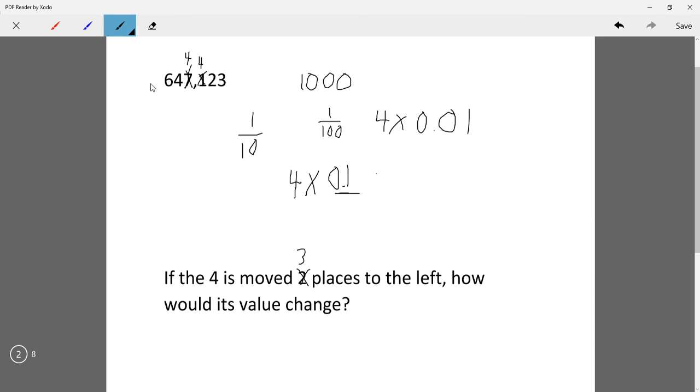If you go 2 to the left or something like that, they might give you a question like, let's say they have 647,123, which is the number right there, and then they might give you 553,418, and they might say something like, how many times more is the 4 worth in the top number than in the bottom number.